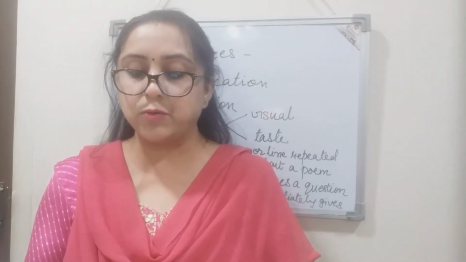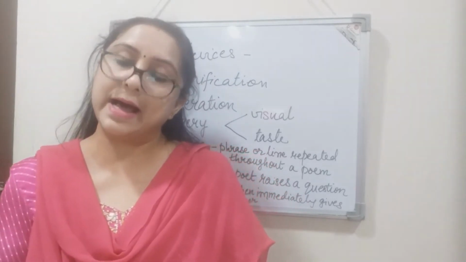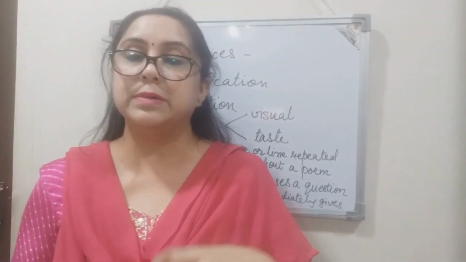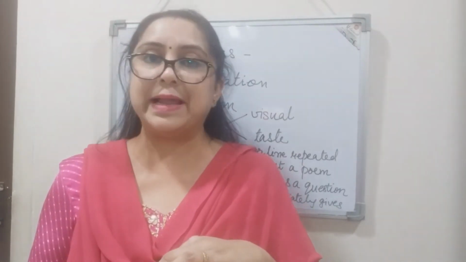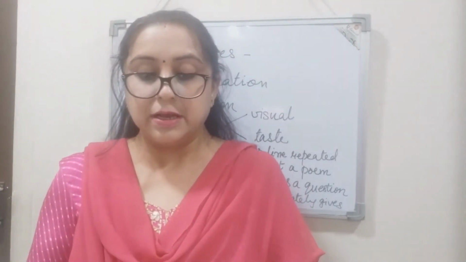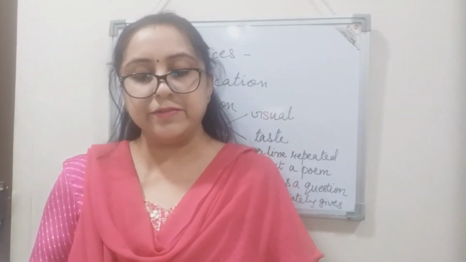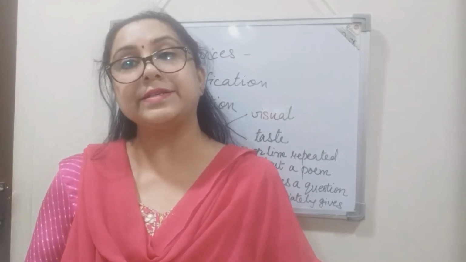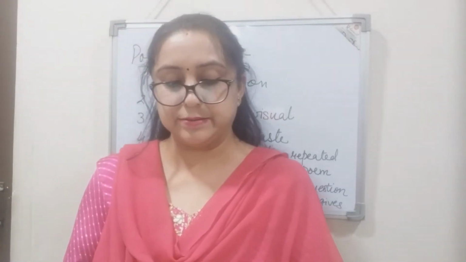It gulps down whatever you give. This is again an example of Hypophora. So here the poet asks a question and immediately he gives the reply. He himself answers. So in this line again, it gulps down whatever you give, gulps and give, again a clear example of alliteration and imagery as well.